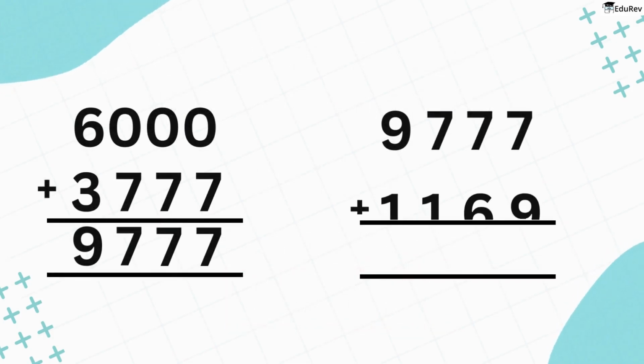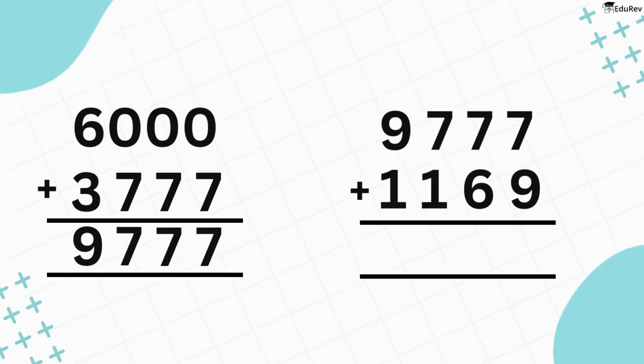Next, we add 9777 plus 1169. We start by adding the rightmost digits, which are 7 and 9. We get 16. We write down the digit 6 and carry over the digit 1 to the next column. Next, we add 7, 6 and the carried over 1. We get 14. We write 4 and carry over 1.